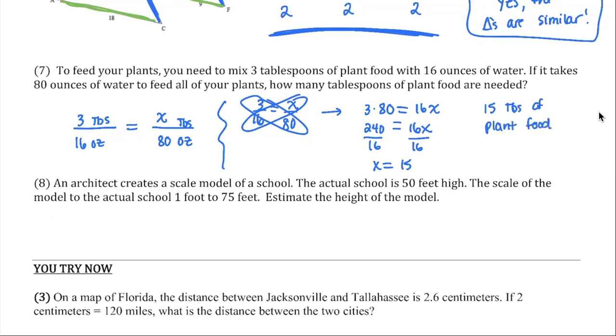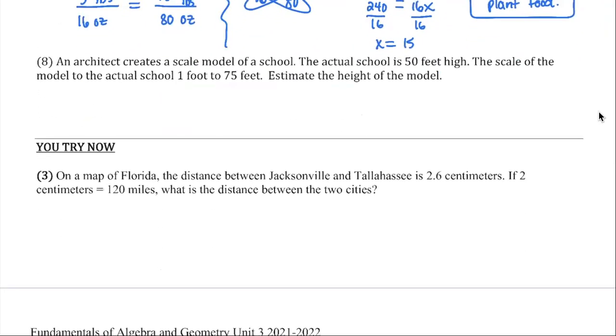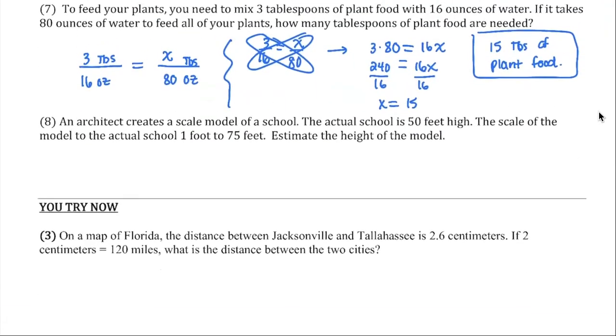All right. So last example here, it says an architect creates a scale model of a school. The actual school is 50 feet high. The scale of the model to the actual school is 1 foot to 75 feet. So we need to start by going through here and finding the things that we're comparing.